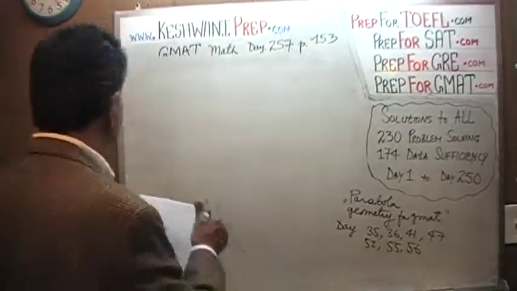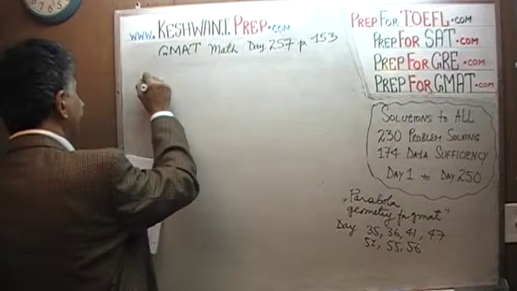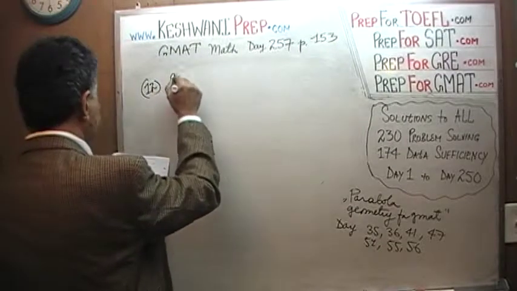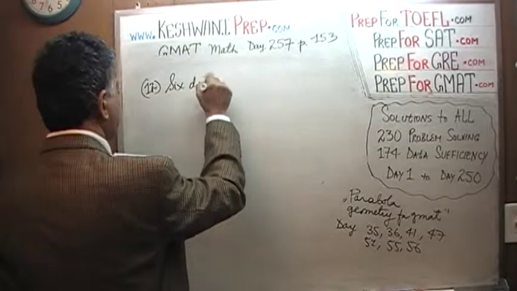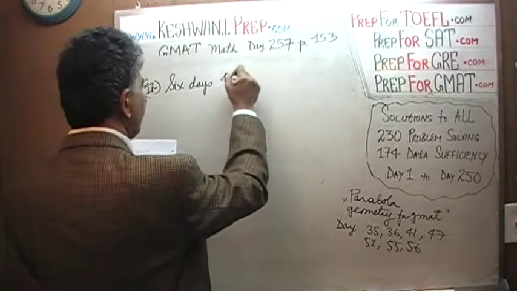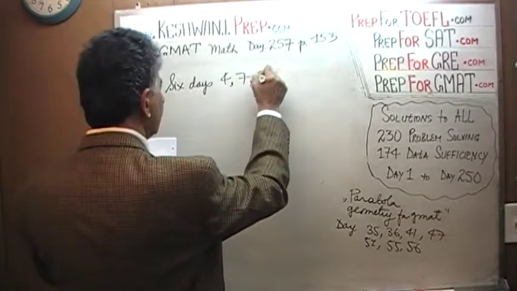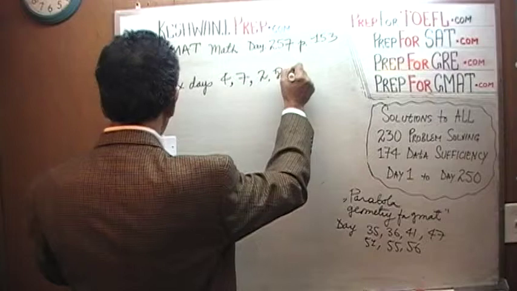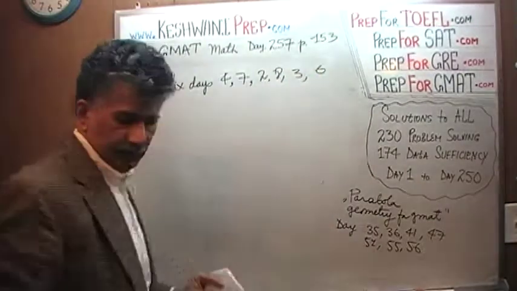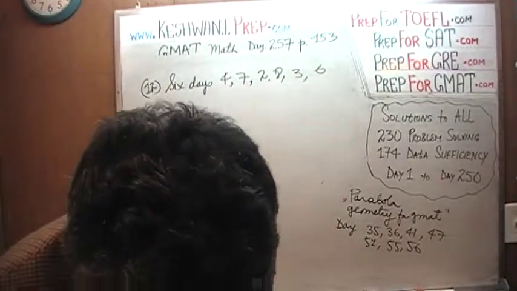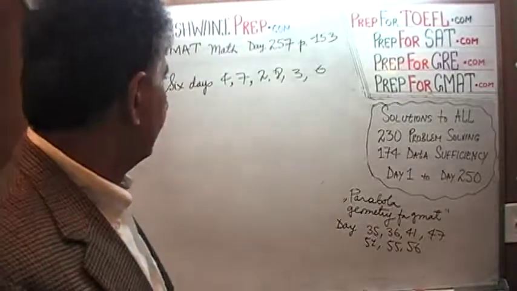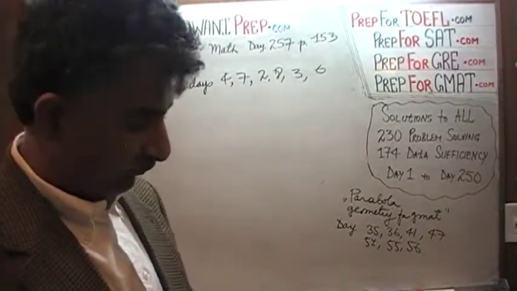We have 6 days on which the readings were 4, 7, 2, 8, 3 and 6. I believe we're selling cars. Yep, number of cars sold. So those were the number of cars that were sold in the first 6 days.